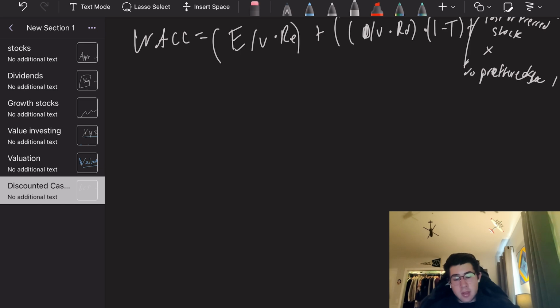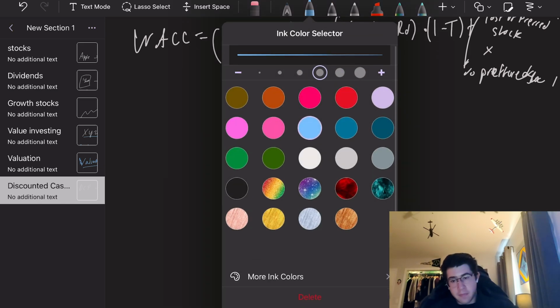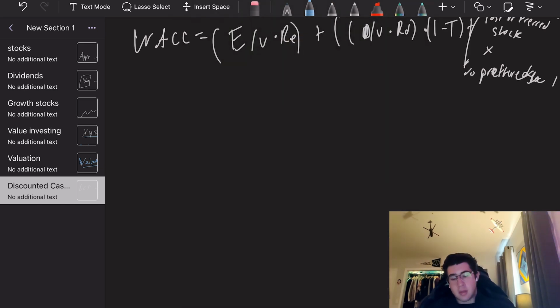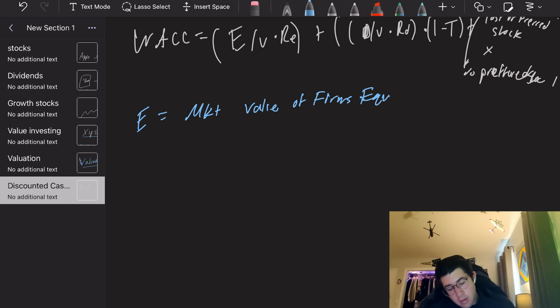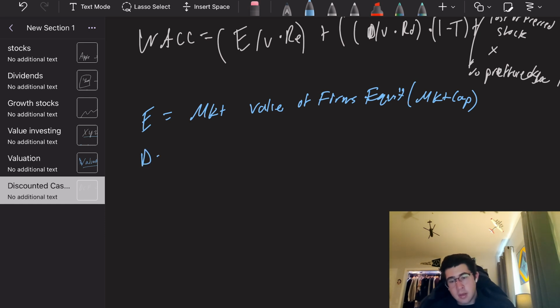And what these values all mean, here we go. E is the market value of the firm's equity or market cap. D is the market value of the firm's debt.